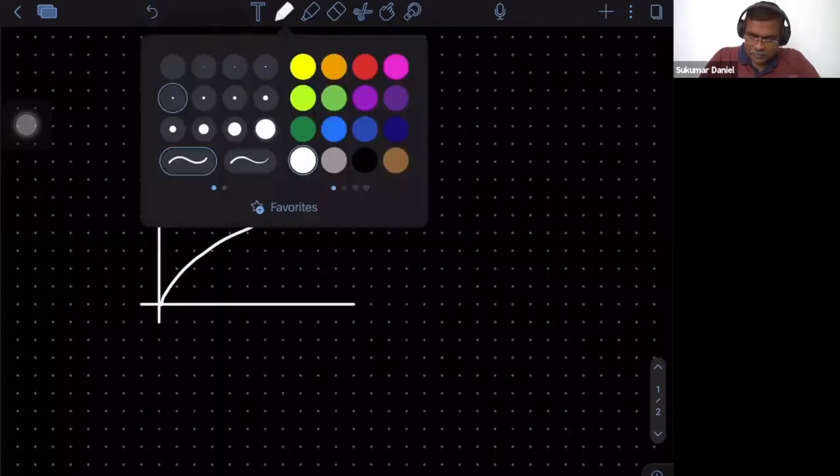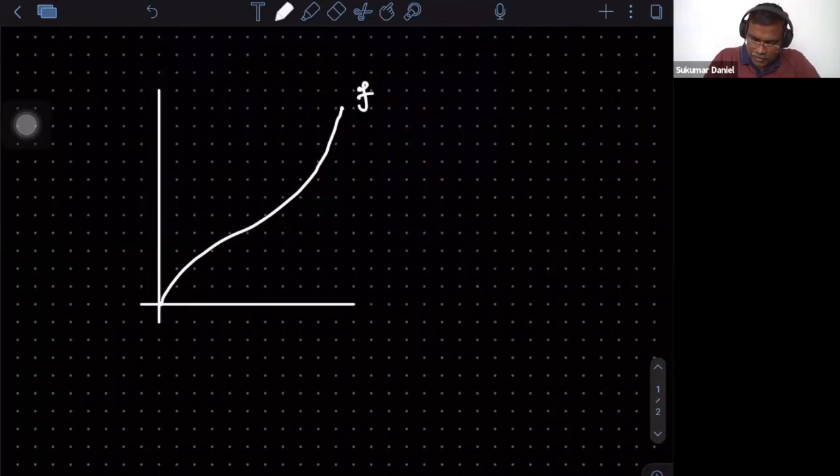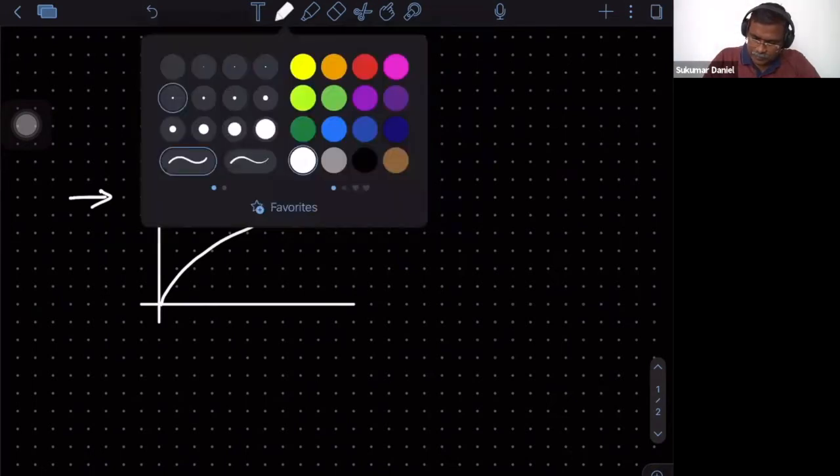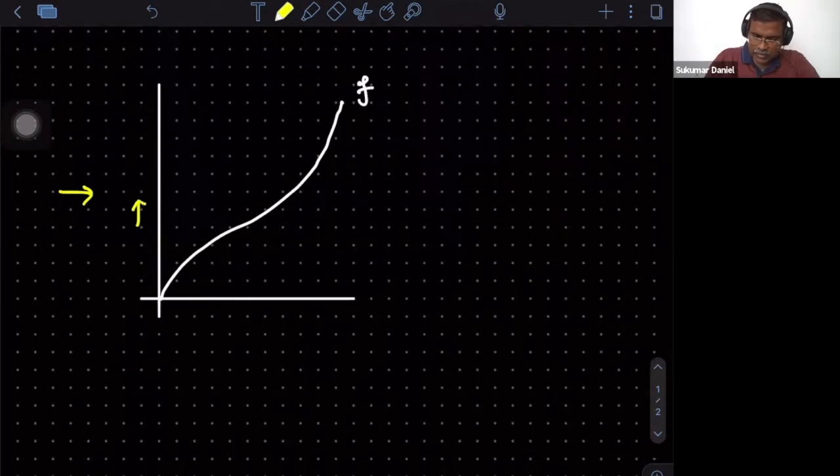Or in other words, just be with me in understanding. This is my picture. So if I look at from this side, can you see that this is the graph of the function? So thinking that this is the base axis, this will be the function g.